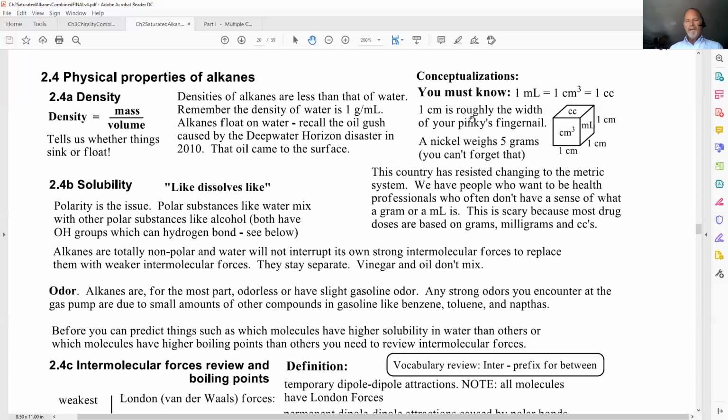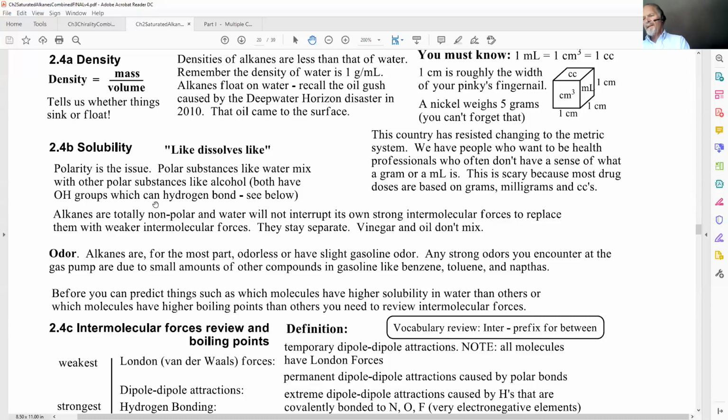We can put it in our homes for home heating fuels. If you live on the East Coast, that's very popular. Or you can go up north and heat your home with propane. And all of these are hydrocarbons, and when they spill in water, they float. Why? Because they have a density less than 1 gram per milliliter. So you need to know that. They float. Density less than 1.